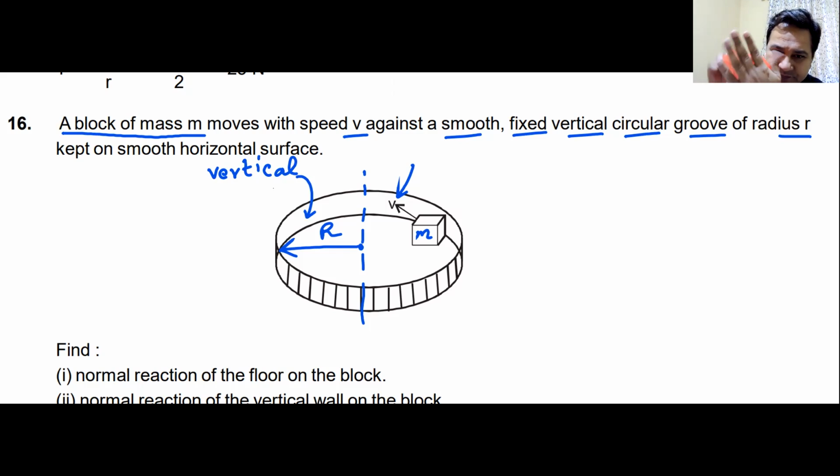It has a flat bottom, and then it has a cylindrical part like this, which is vertical. My bottle is shaped in a fancy way, but this is how the groove looks. This is a vertical cylinder with a base, and everything here is smooth.